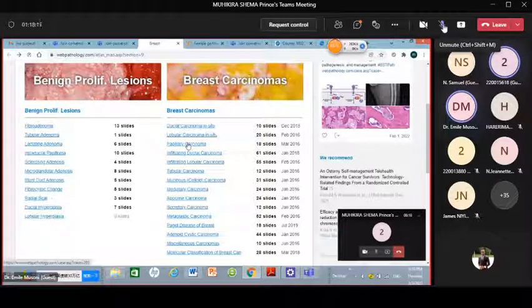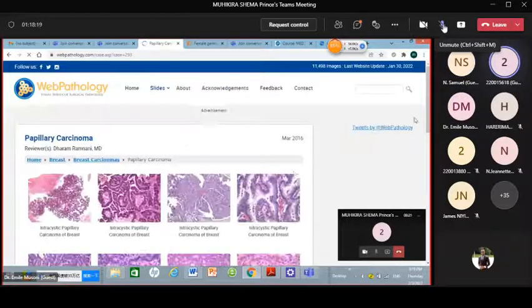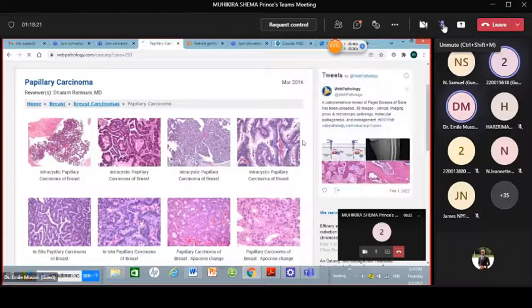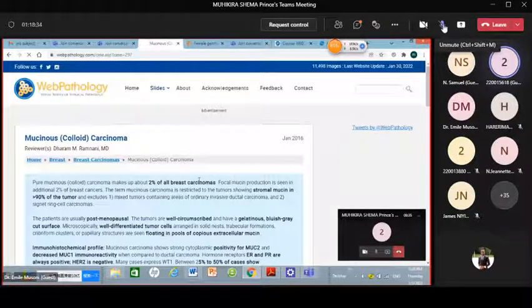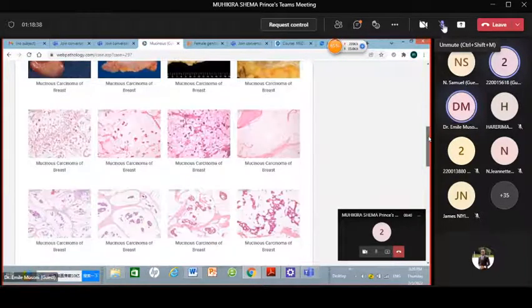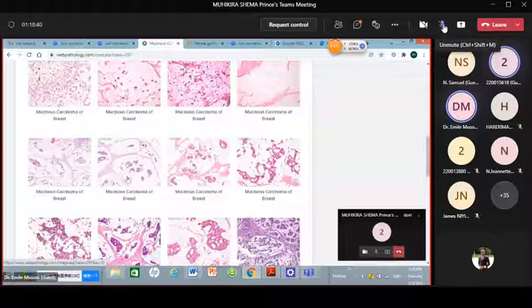Papillary carcinoma. These are intracystic papillary carcinoma. This is a carcinoma. A mucinous carcinoma. This one, whitish material, it is a mucin.